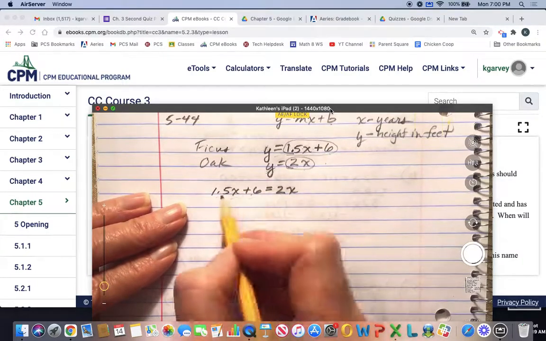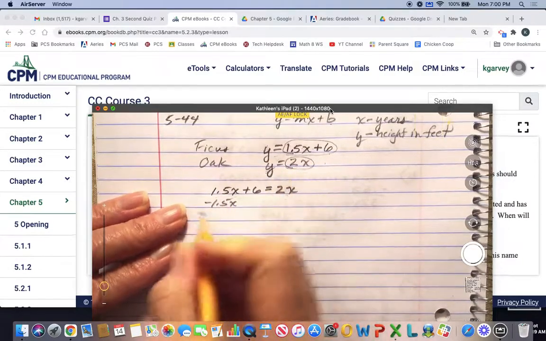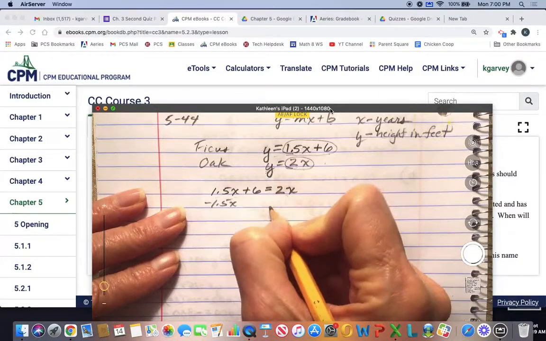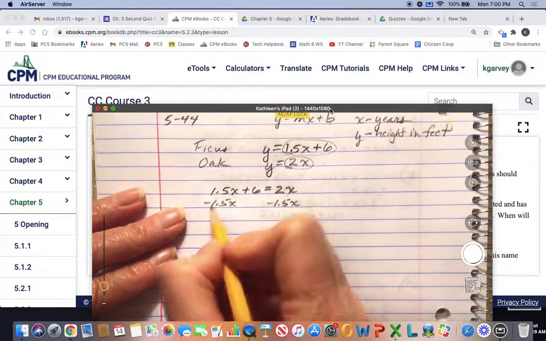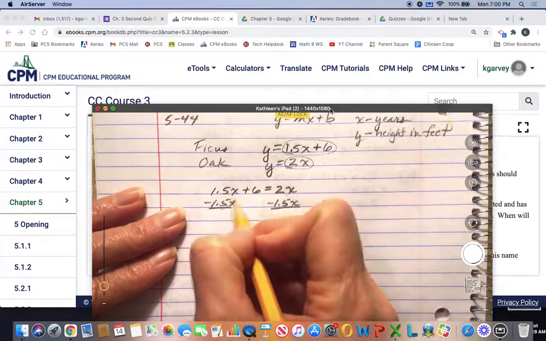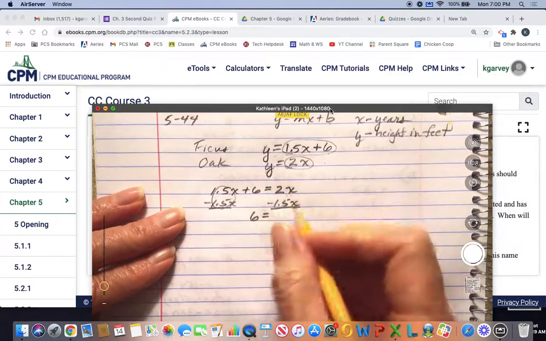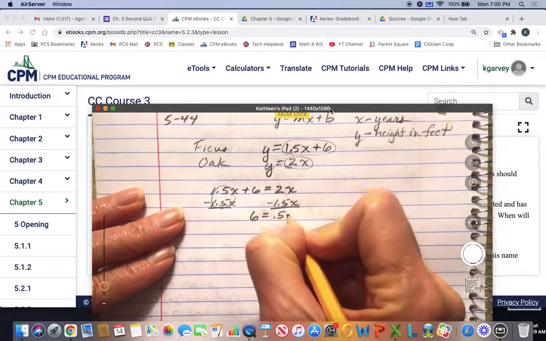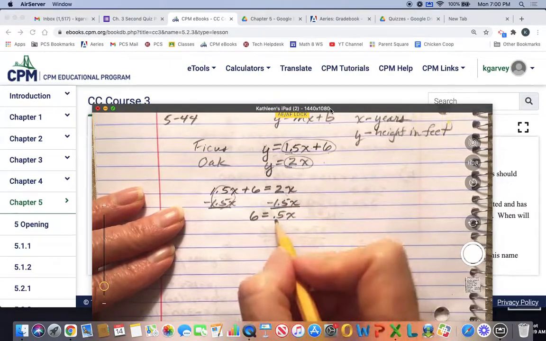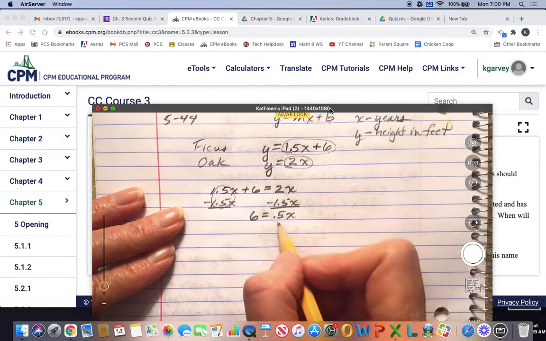So let's put these x's together, and we'll do that by zeroing out the x on this side. And we have to subtract it from this side too. So here it's zeroed out, so there's only 6 left on this side. And here it's 2 minus 1.5, so it's only 0.5x. And now we need to get the x isolated, so we need to remove that coefficient.